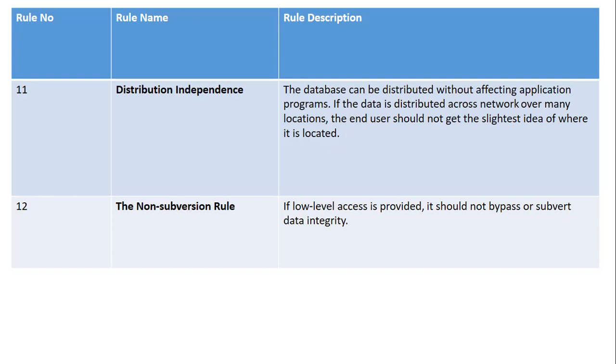Even though data is being accessed, it doesn't mean that whatever was represented previously can be changed. That should not happen. So these are some of the things that the CODD rules talk about. There are about 13 rules, and some of the databases that we have follow 11 to 12 of them. That is how CODD rules play an important role with respect to RDBMSs.